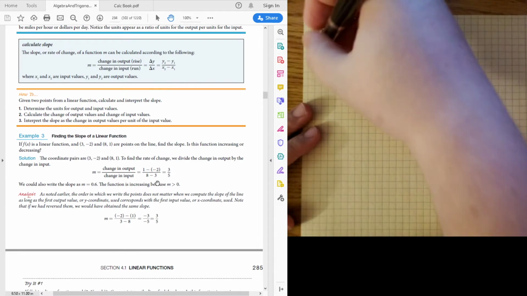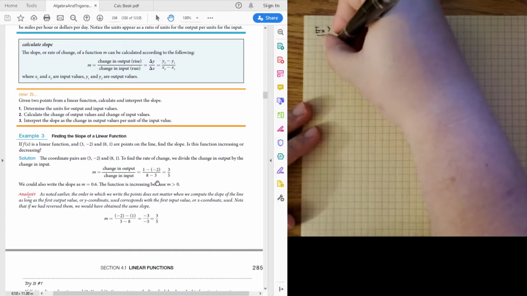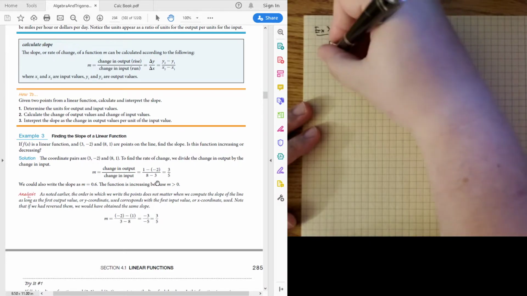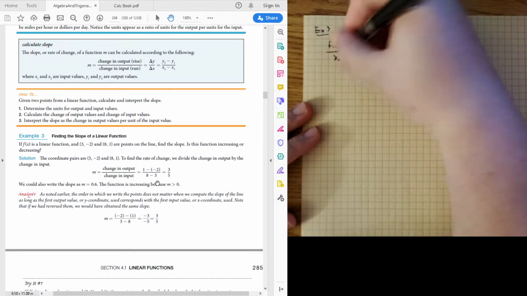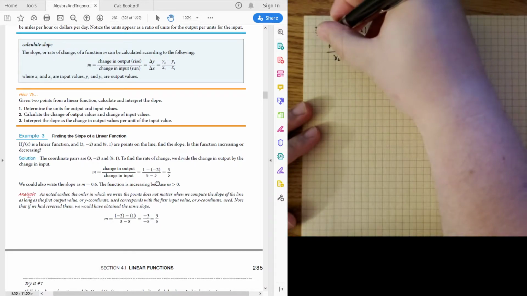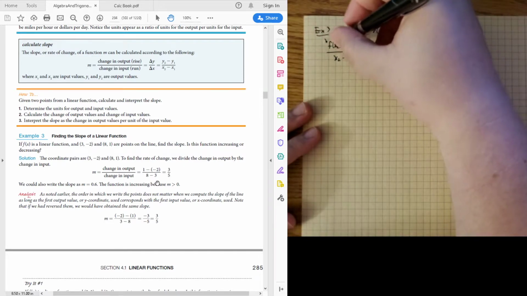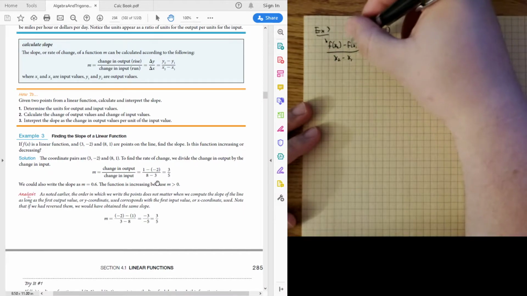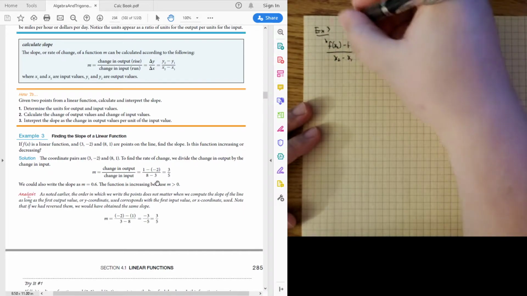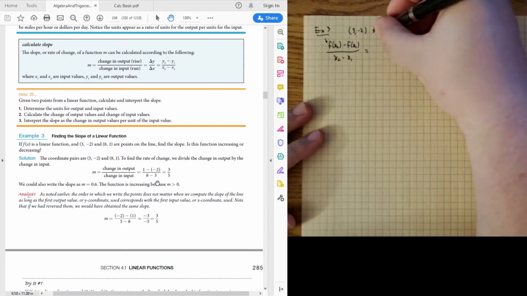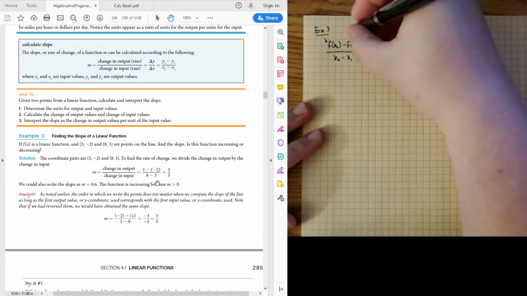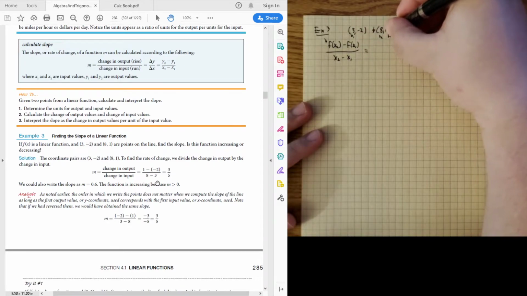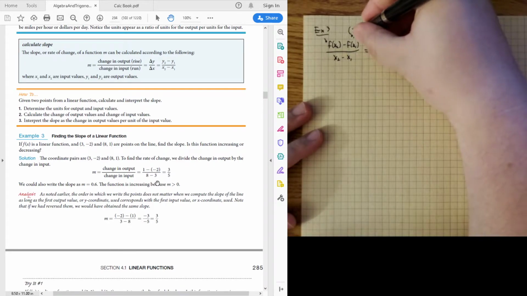Now, to use this form, we're going to use the function notation f of x2 minus f of x1 over x2 minus x1. Remember, this indicates your y value of the second x number divided by the x number's second, and then f of x1 and x1 respectively. So over here, I'm going to use this as my x2, this is my x1. That would make this f of x2 and this f of x1.